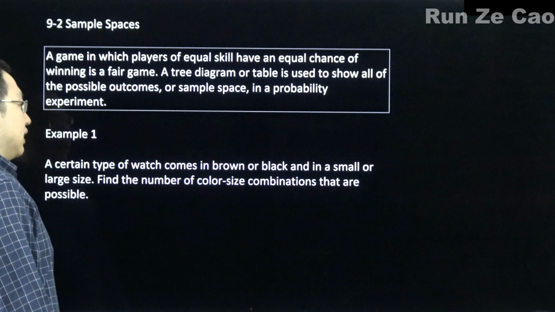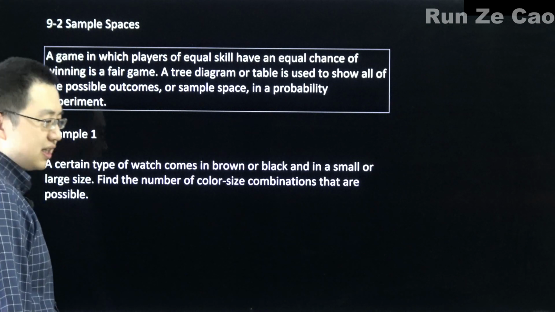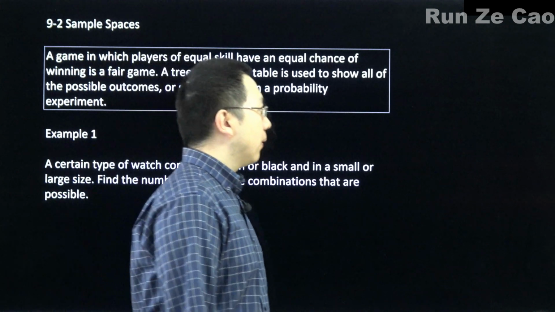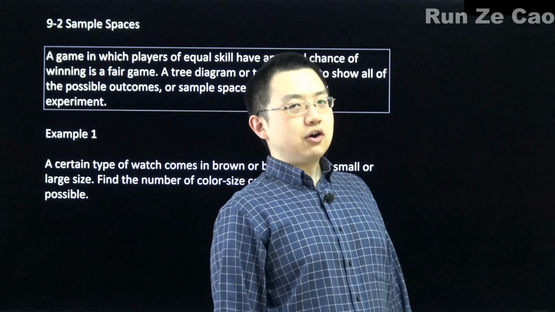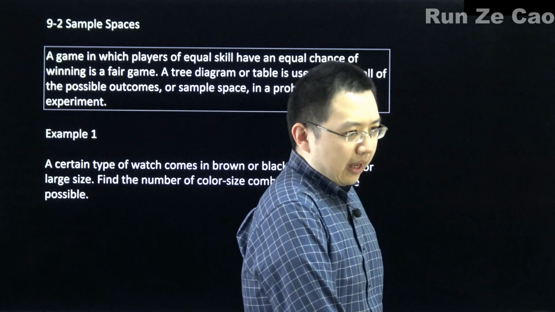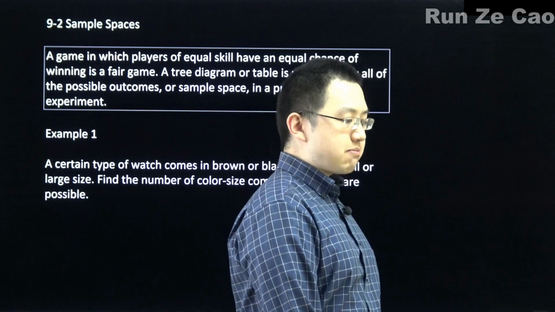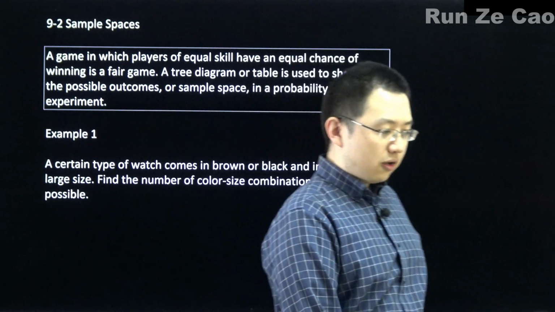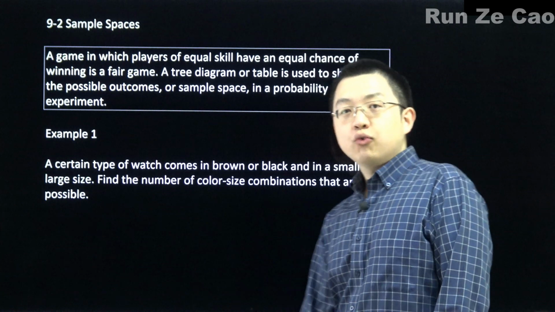Or you can be talking about any activity they choose to engage together in, such as tic-tac-toe. There may or may not be a dominant strategy to the game. However, a fair game is one where players of equal skill have an equal chance of winning.